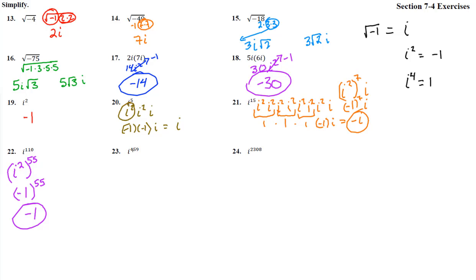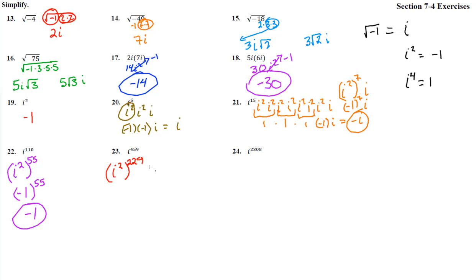Ew, i to the 459th power. Well, let's see how many we can get. i squared, if you divide this by 2, that's 229. Let's divide that, 459 divided by 2, punch in a calculator just to make sure we don't mess up.